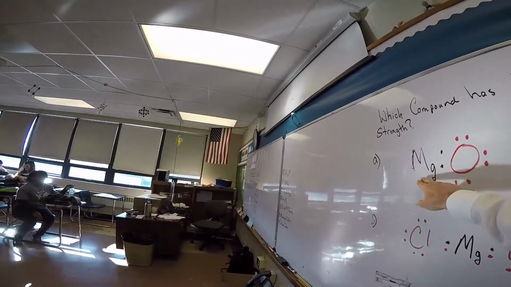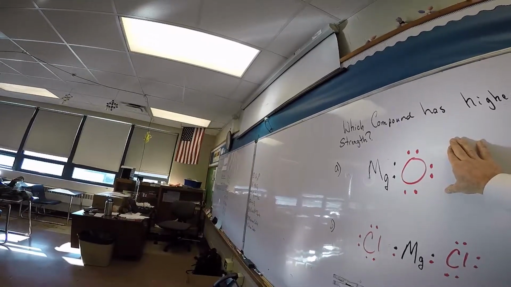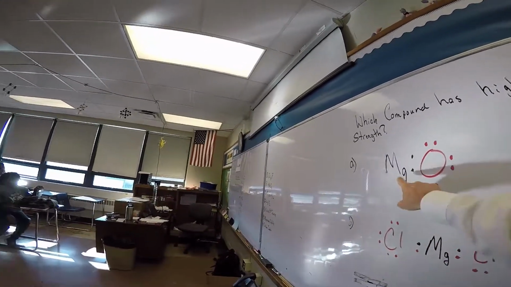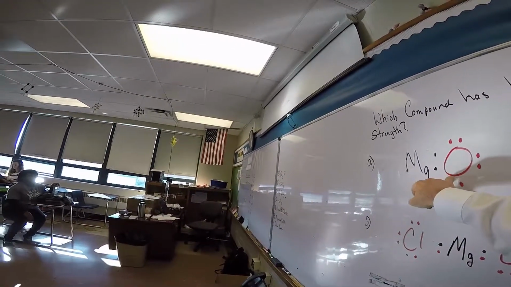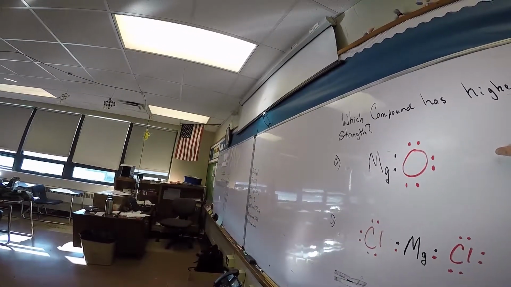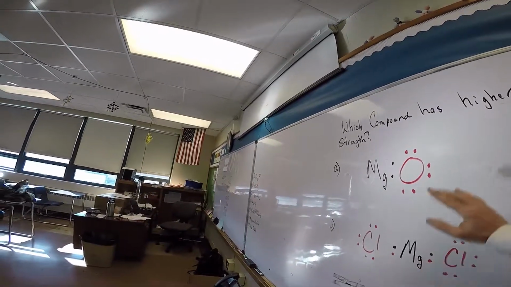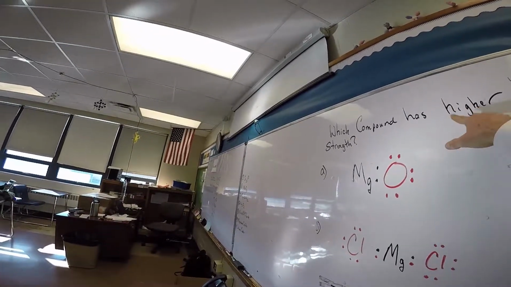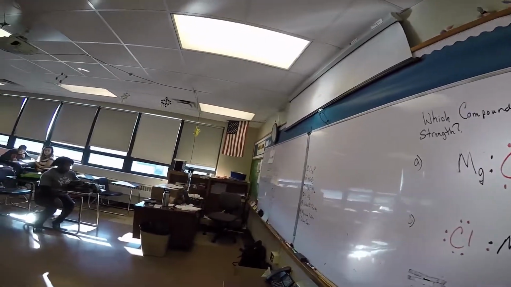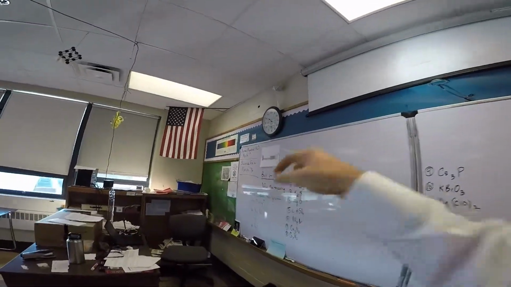So magnesium oxide has higher bond strength. This is bonded greater than this is because of its higher charge. The O2- and the Mg2+ have a greater charge that creates a greater bond strength. This is 1 negative. So we typically look at the oxygen when we're looking at the nonmetal. When we look at bond strength, when we look at lattice energy, we can examine the metal over here.